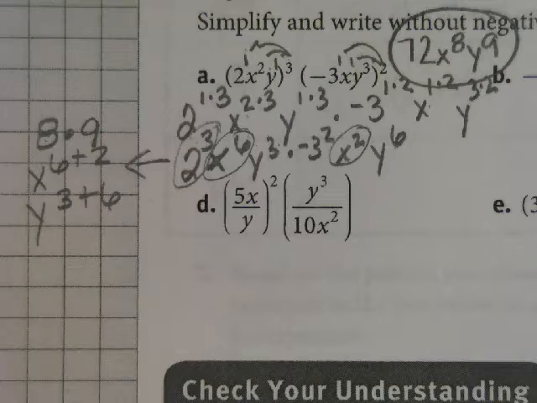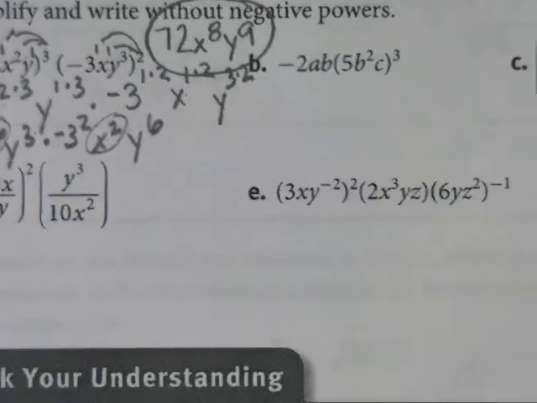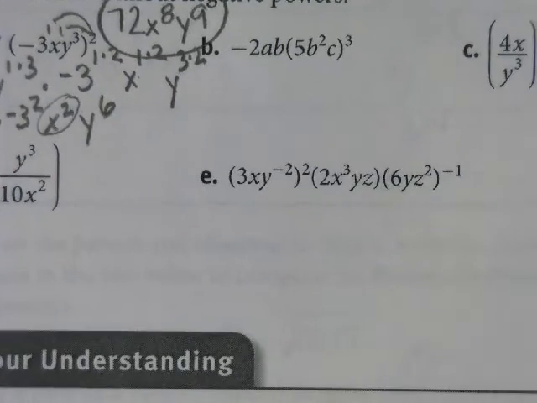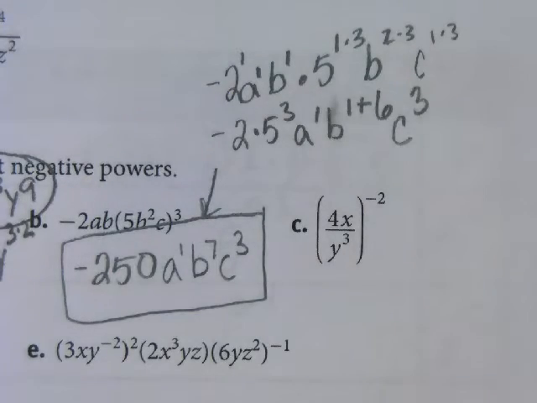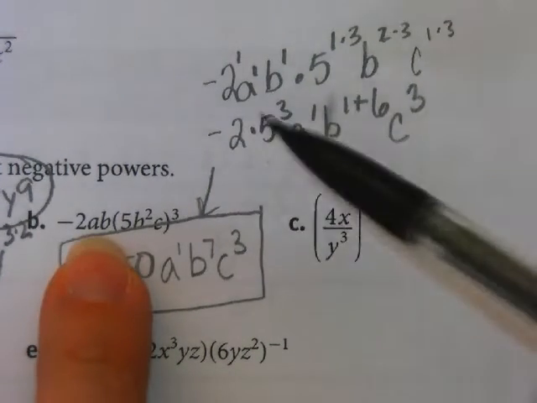Okay? Do you think that you can try letter B? Or do you want to do it together? Huh? Try it by yourself. Okay, so this one is fairly complicated. Let's see what happens.